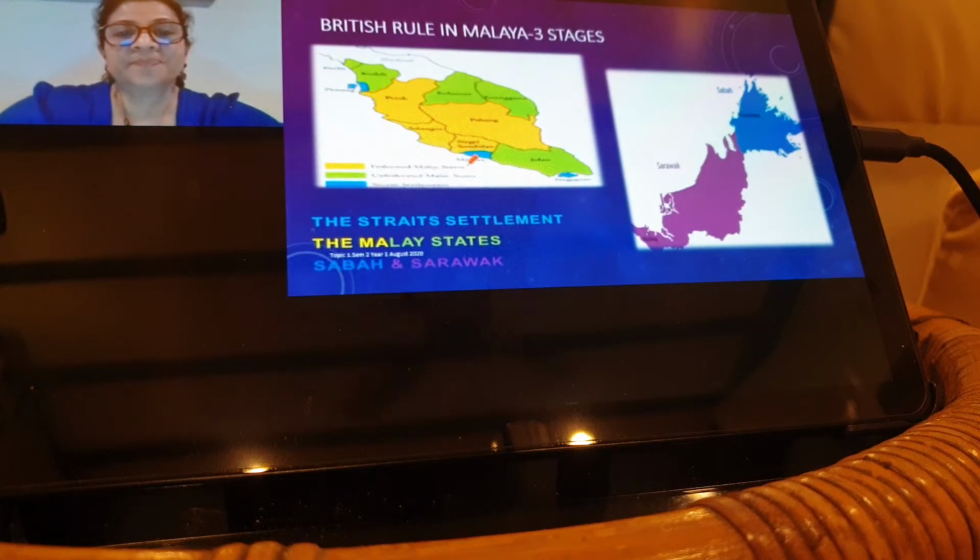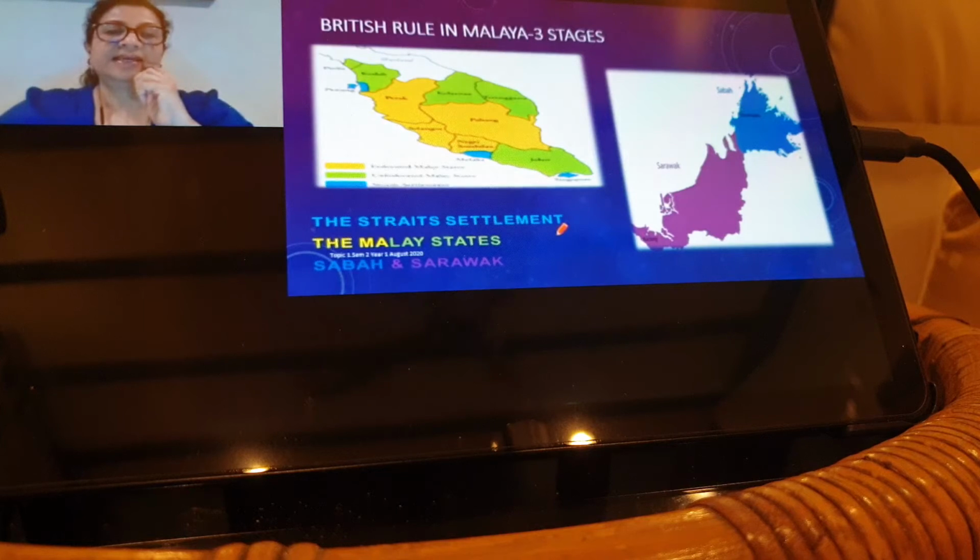Now, the second, the one in yellow, is the Federated Malay States that makes up Perak, Selangor, Negeri Sembilan, and Pahang. This is known as the Federated Malay States. And the one in green, which makes up Kedah, Kelantan, Terengganu, and Johor, makes up the unfederated Malay states.